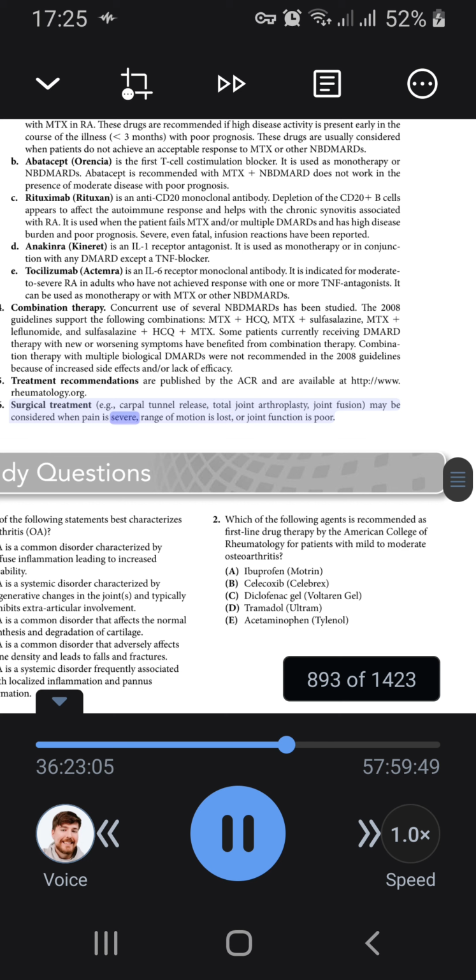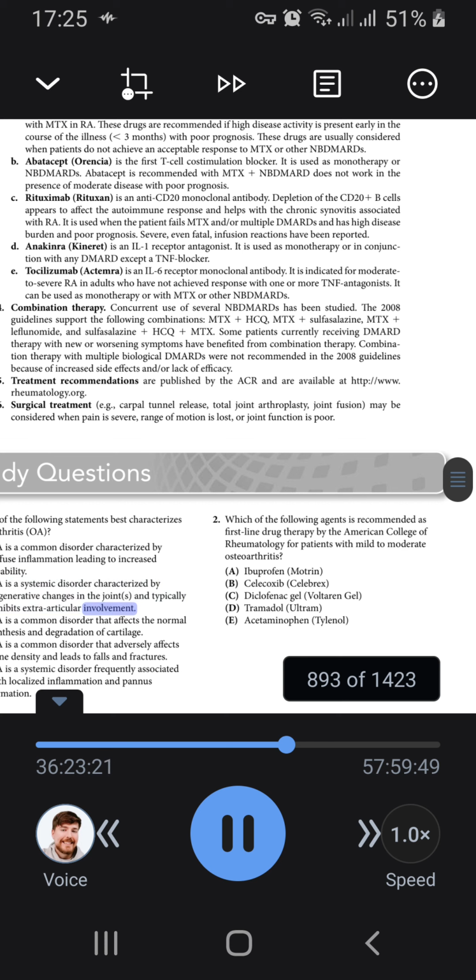Study questions. 1. Which of the following statements best characterizes osteoarthritis, OA? A. OA is a common disorder characterized by diffuse inflammation leading to increased disability. B. OA is a systemic disorder characterized by degenerative changes in the joint and typically exhibits extra-articular involvement.